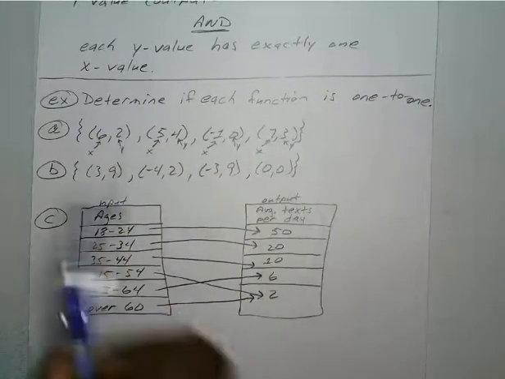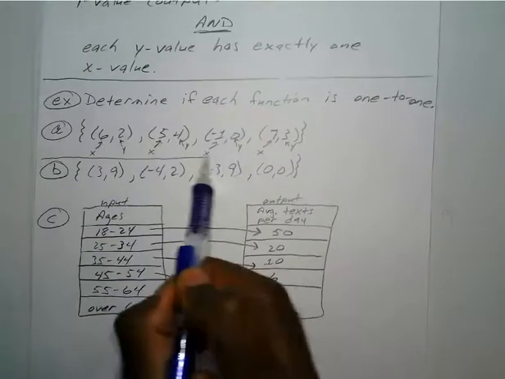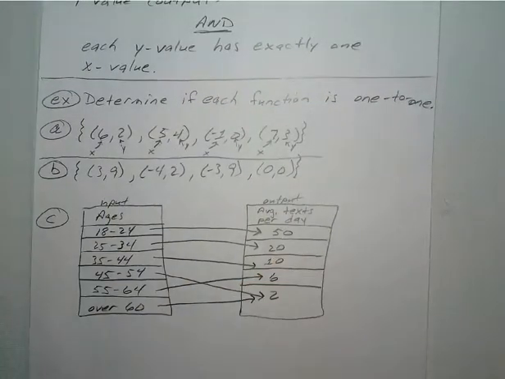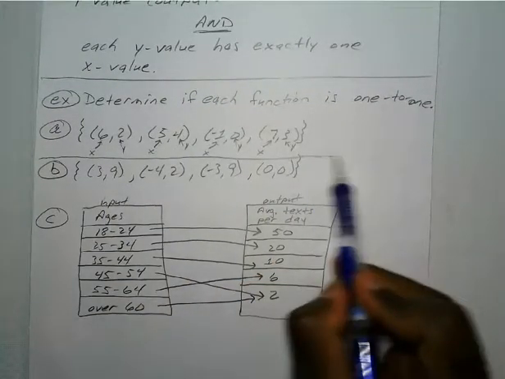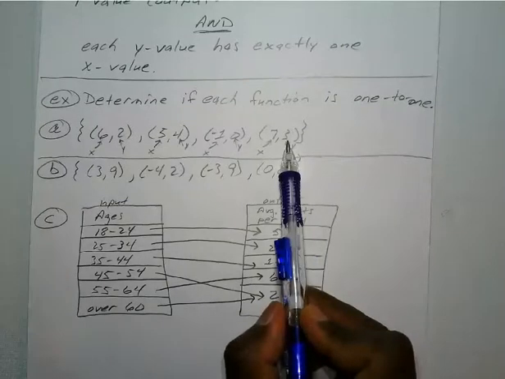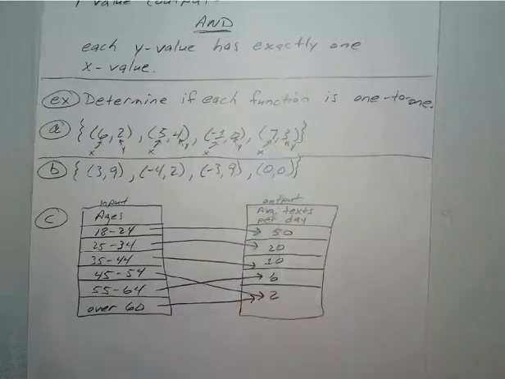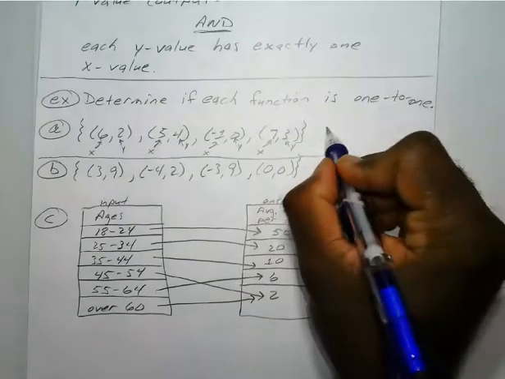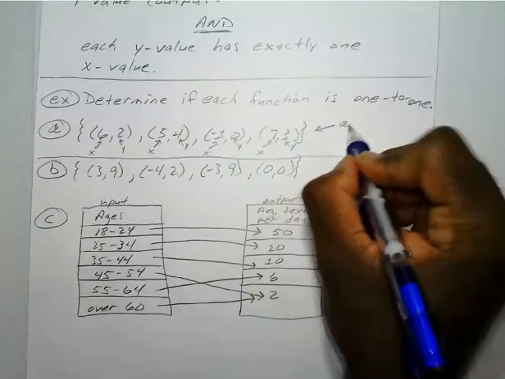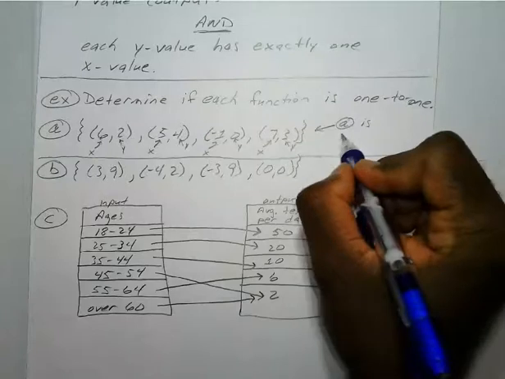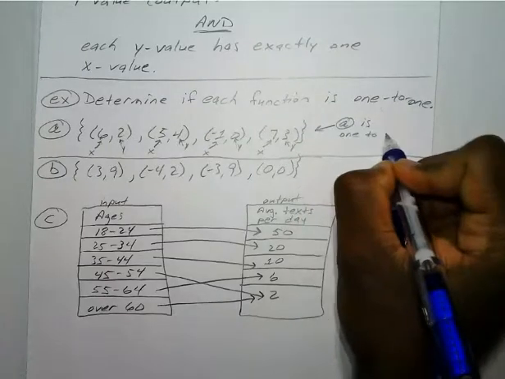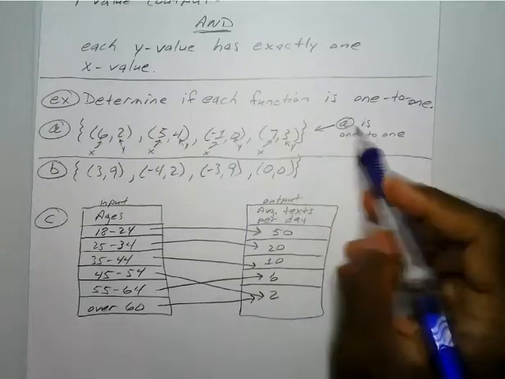Kind of separate this a little bit, so probably could have given it a little more room. Okay, same thing with y equals 3. You don't see y equals 3 anywhere else with a different x value. So this is actually one-to-one. Okay, so A is one-to-one.